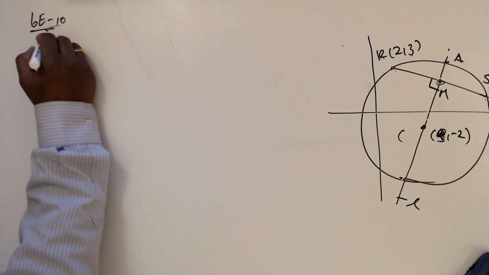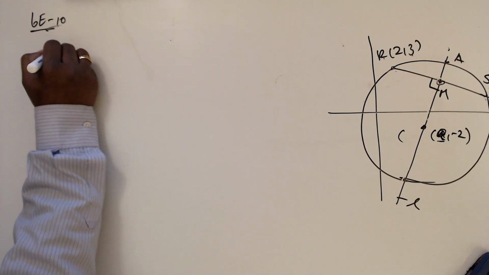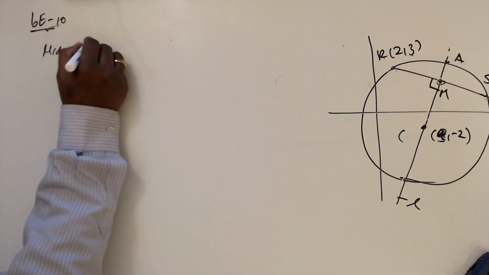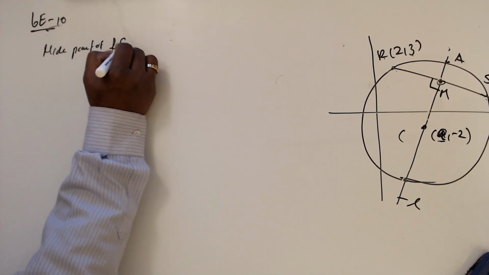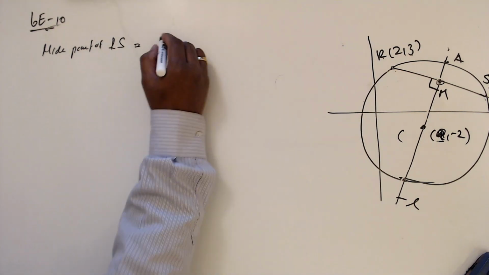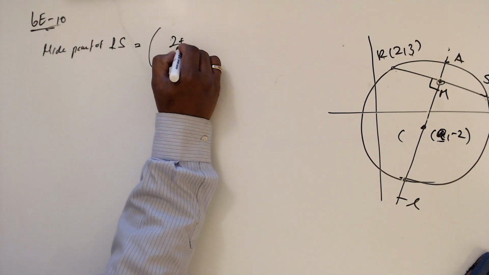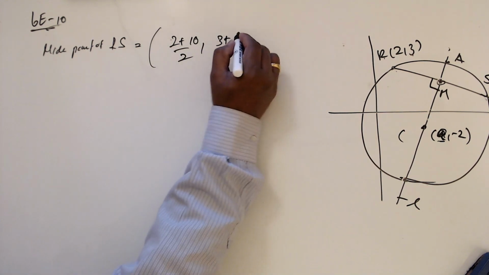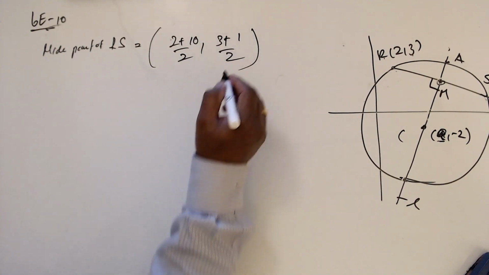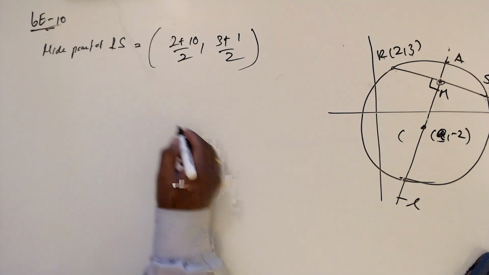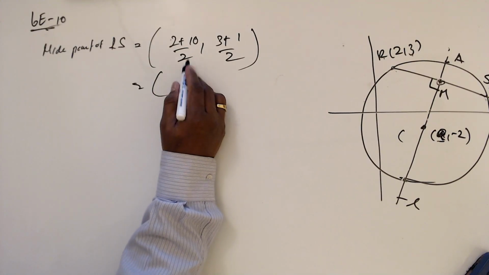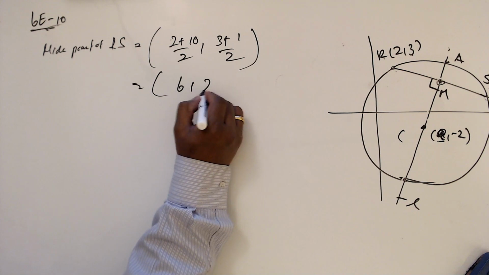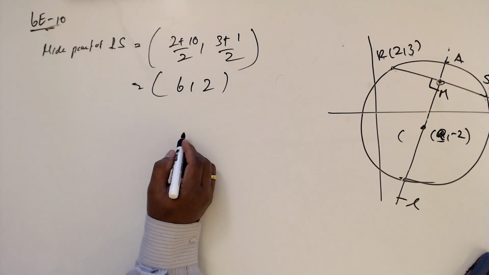First of all, the midpoint of RS is x1 plus x2 divided by 2, y1 plus y2 divided by 2. So this is 12 divided by 2, 4 divided by 2, which is 6, 2.